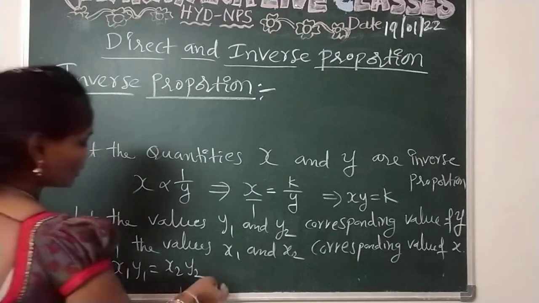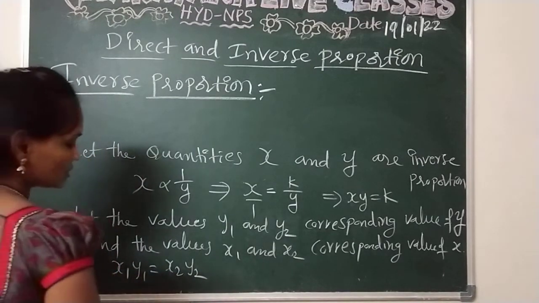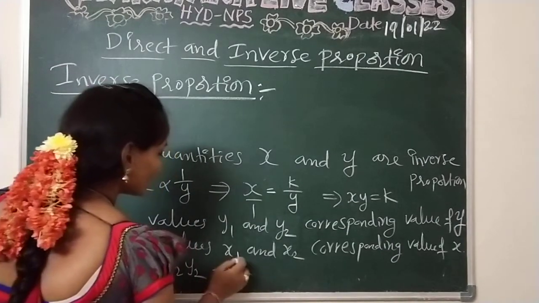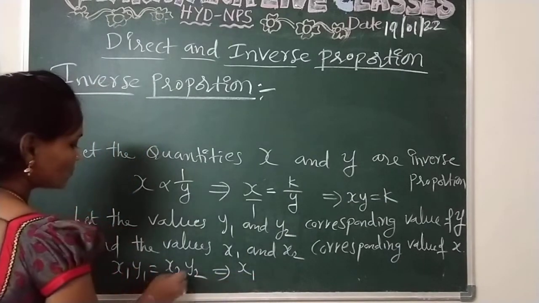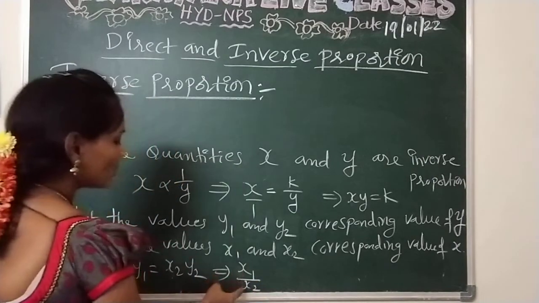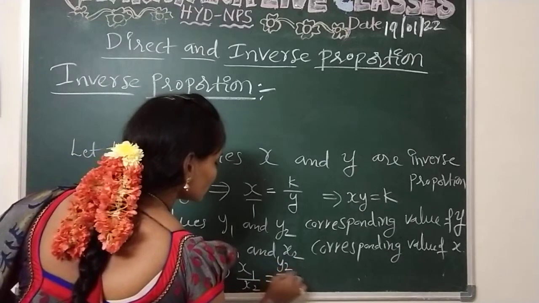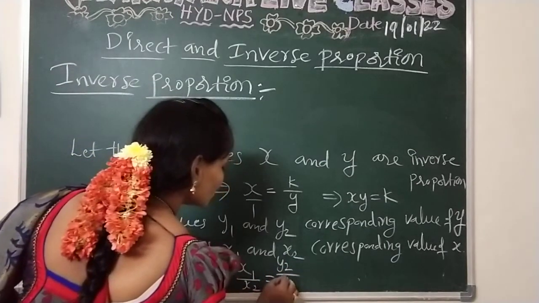Now you can write the x terms on one side and the y terms on the other side. Here only x1 remains on the left. Transpose of multiplication will give division. So x1 by x2 is equal to y2, as it is. Now transpose of multiplication will give division.